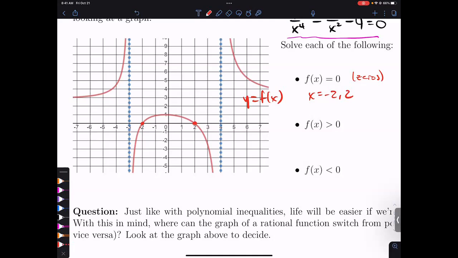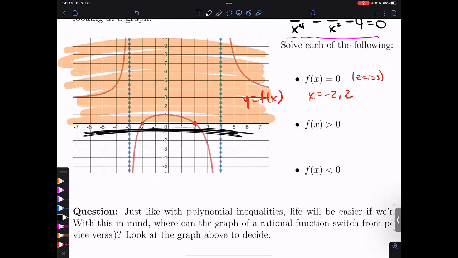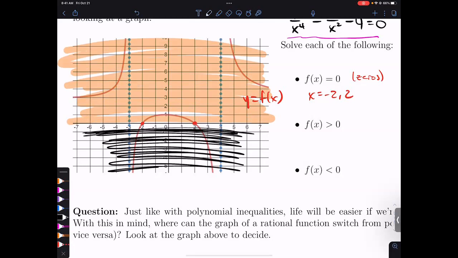We do the same thing here. Where is f of x greater than 0? Well, that would be where it sits in the top half of the plane, right? So here's the top half. We'd be looking for where it sits up there, and not anything where it sits below the axis.